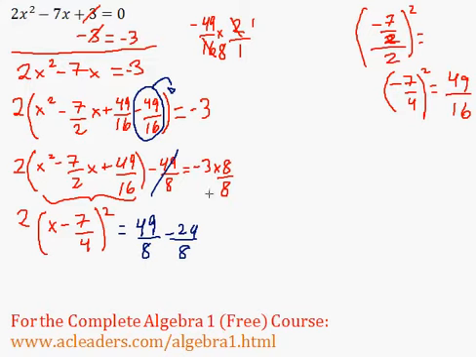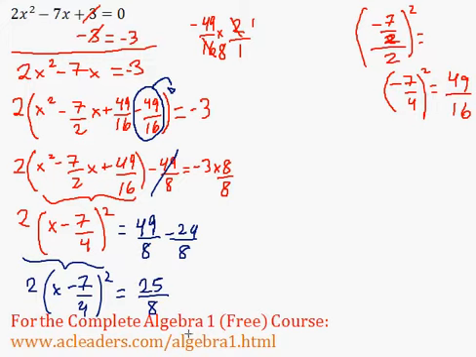Right? Why did I do this? Just so I can have a common denominator between the negative 3 and the negative 49 over 8. Alright, so over here we're still stuck with 2 times x minus 7 over 4 squared equals, now 49 minus 24 is 25 all over 8.